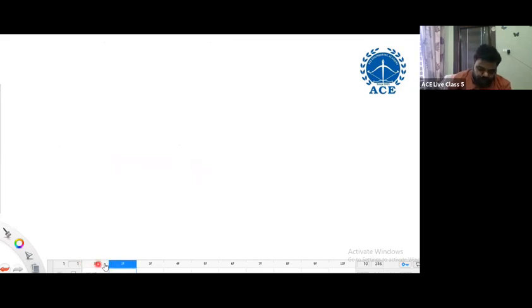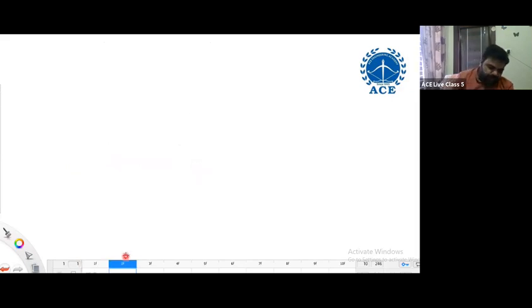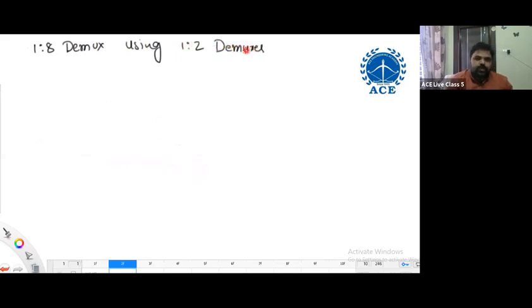Let us try one more, maybe getting some more clarity. What is the major difference between multiplexer implementation and demultiplexer implementation? If I say 1:8 demux using 1:2 demuxes, 1:8 demultiplexer using minimum number of 1:2 demultiplexers. Here we have a 1:2 demultiplexer producing two outputs.